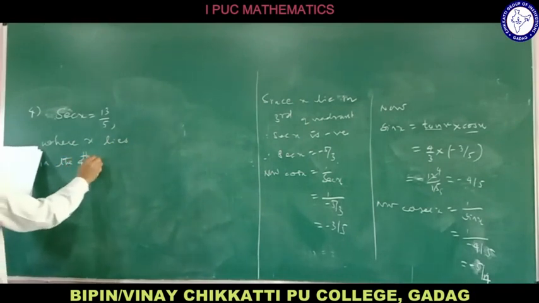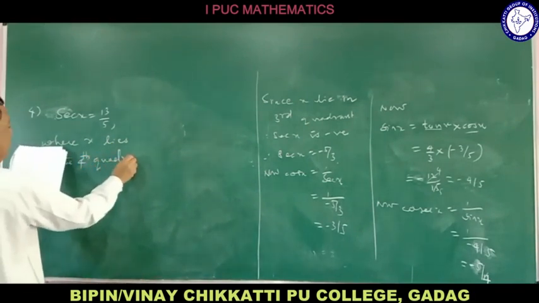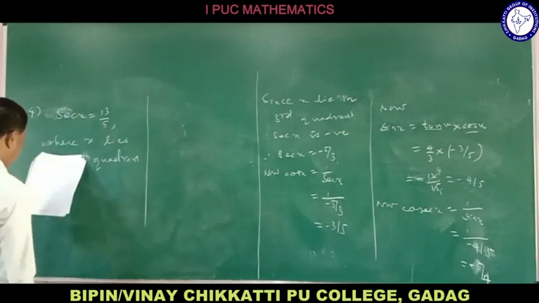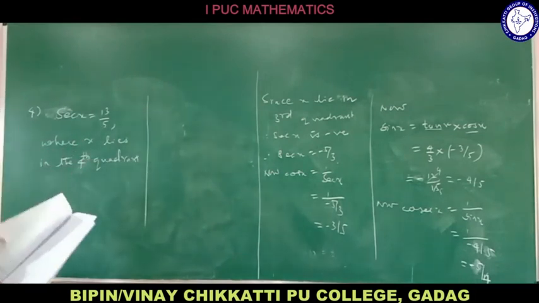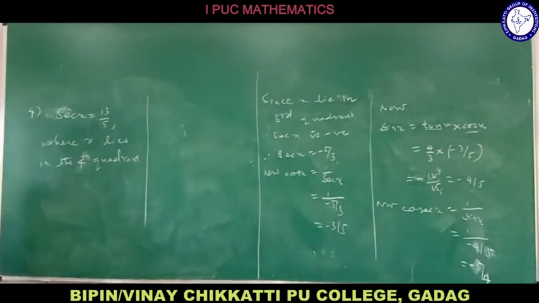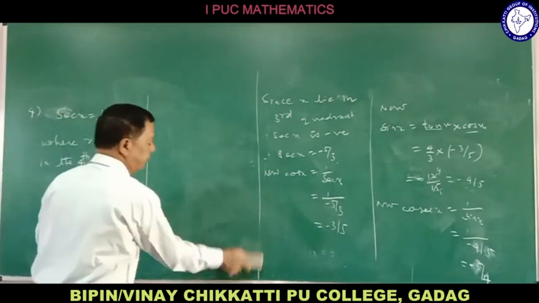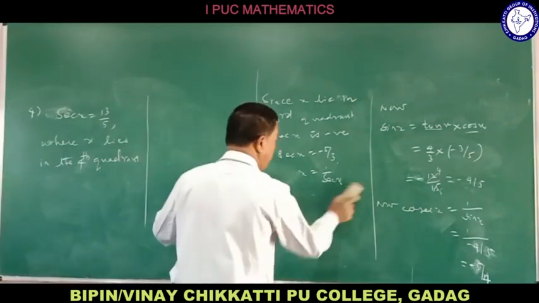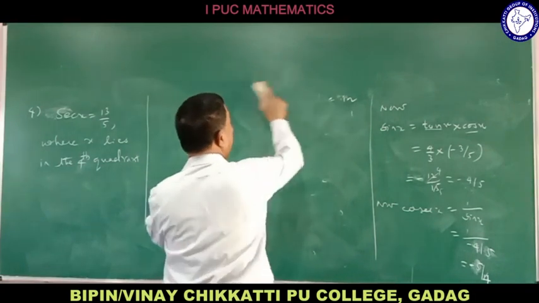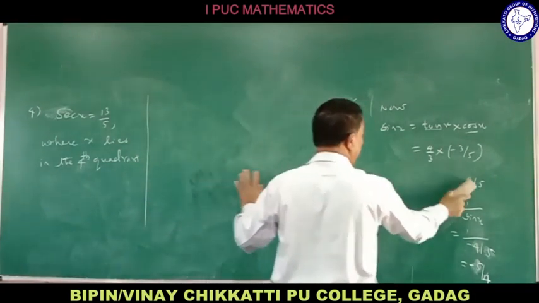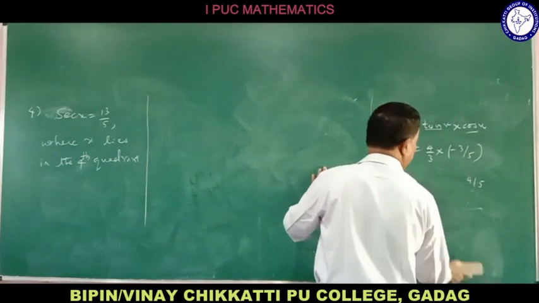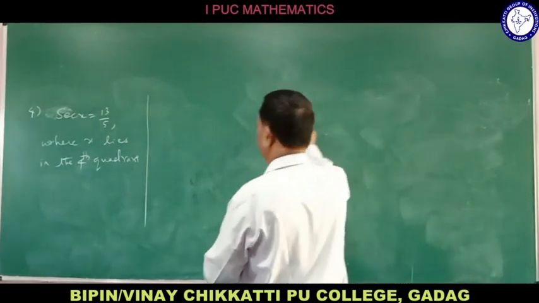See how you can find this, and accordingly you can proceed. When sec x is given, its reciprocal you always have to find out first. Then you proceed with the other one. Unless you find the reciprocal, it is not easy for you.